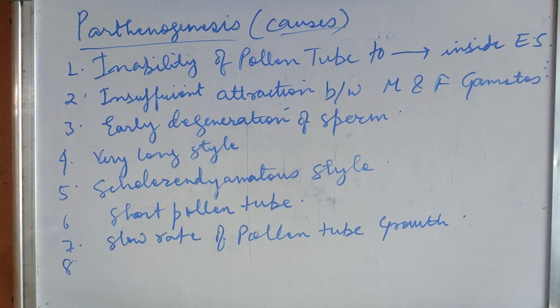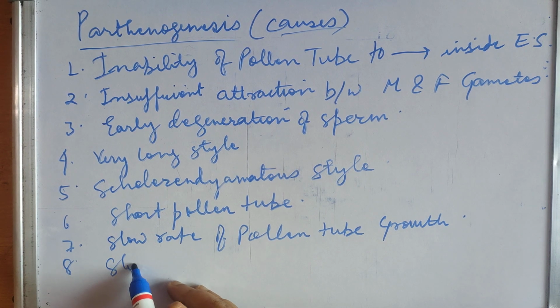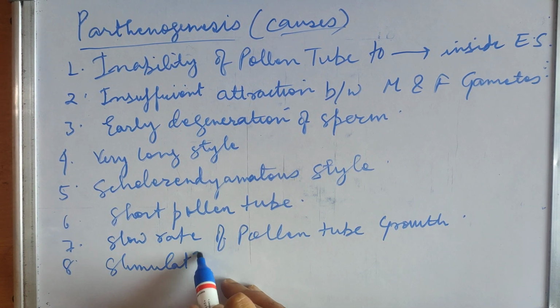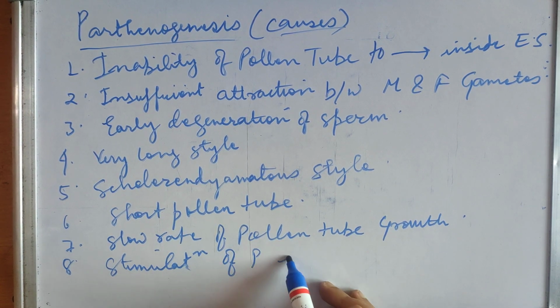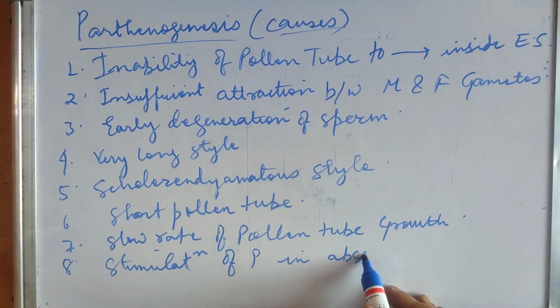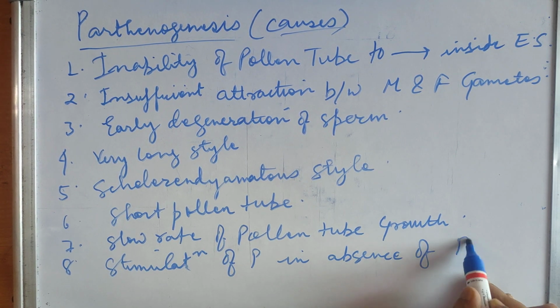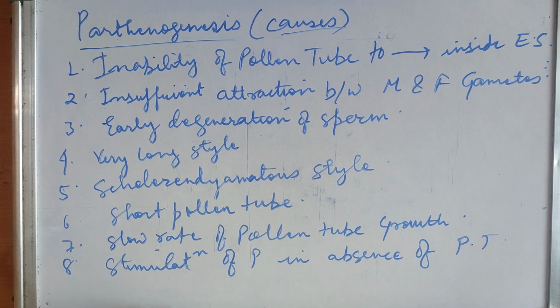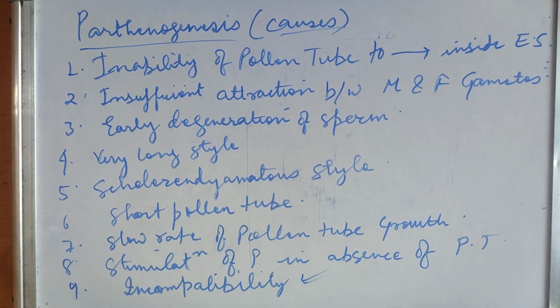Stimulation of pollination in absence of a pollen tube. There could be incompatibility. I have also discussed incompatibility in detail in previous lectures; you should know this. So these are the causes of parthenogenesis.